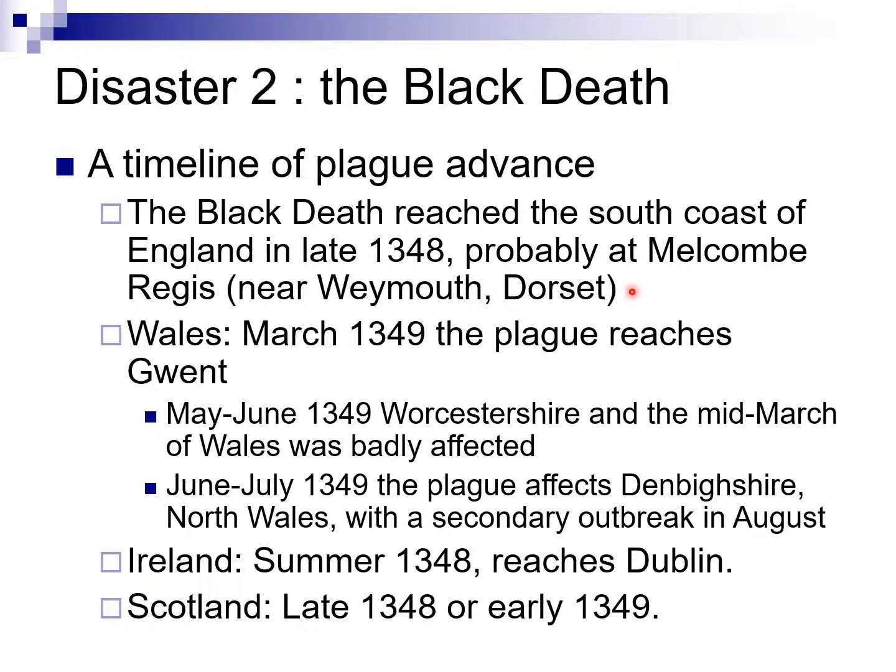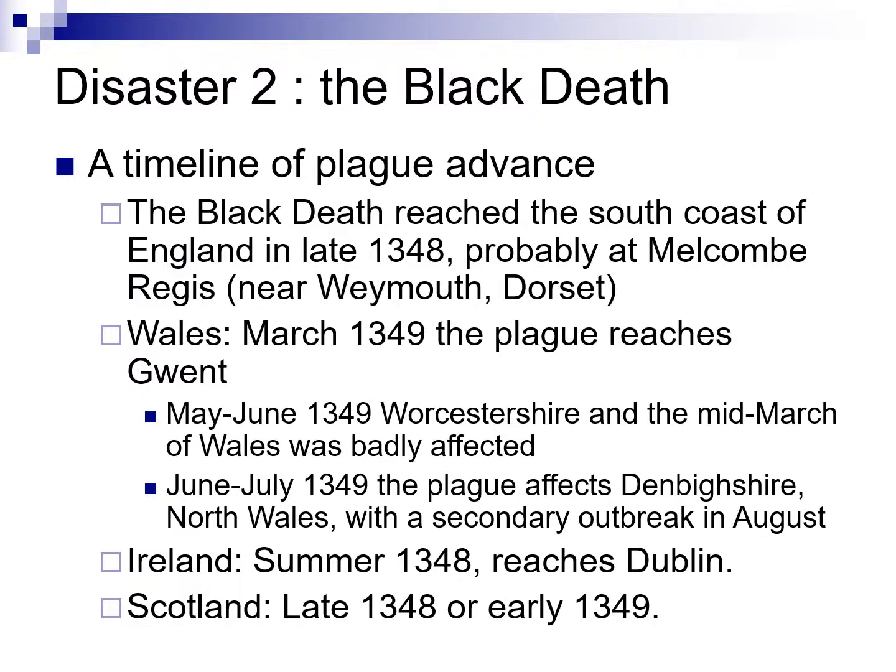We think it probably first arrived in Britain in 1348 at Melcombe Regis near Weymouth, Dorset. And there's a little plaque somewhere there by the water that says, you know, here the Black Death entered England. What a tourist board will do for attention these days.